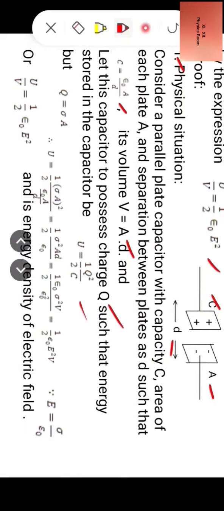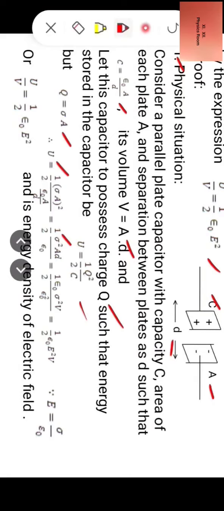But Q is equal to sigma A. Therefore, replacing Q by sigma A in the above expression, we get U equal to half sigma A whole square divided by epsilon 0 A by d, which is equal to half sigma square A d divided by epsilon 0.